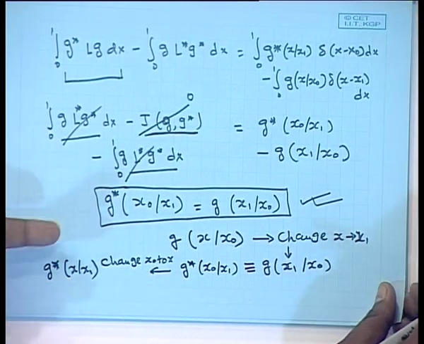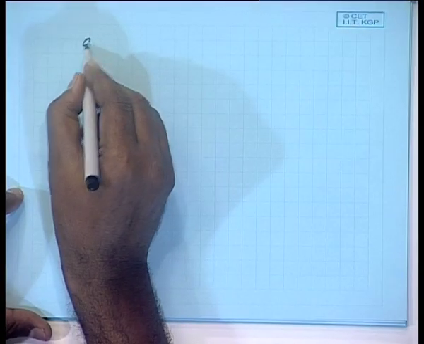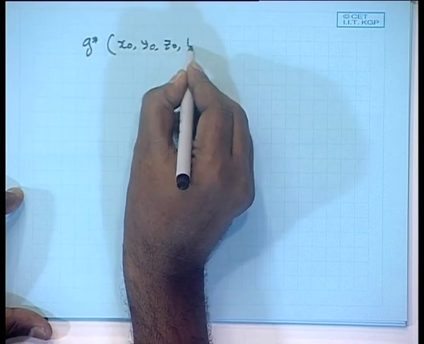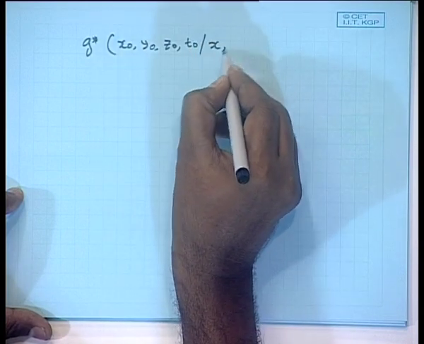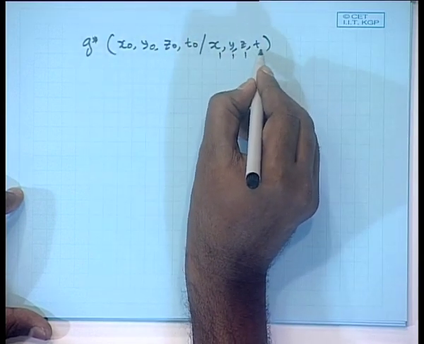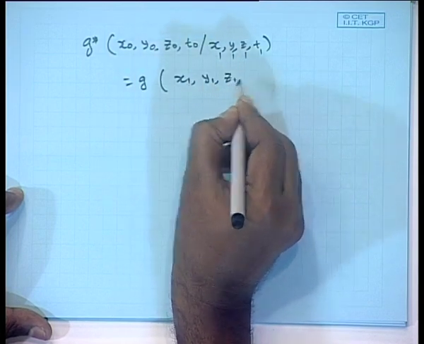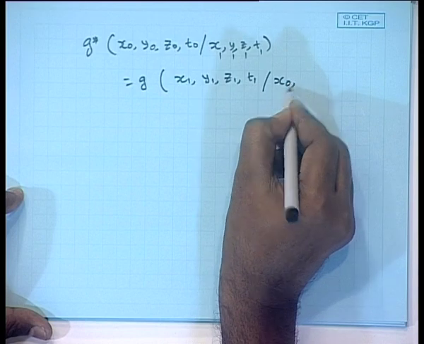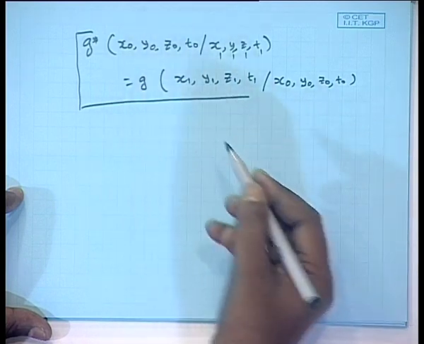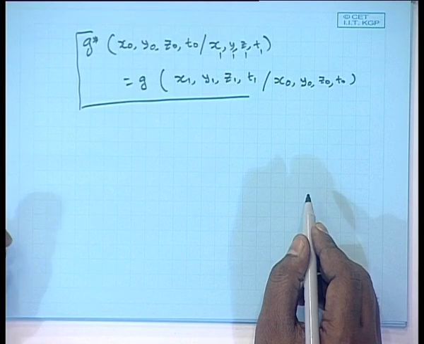Now, this is valid for the 3-dimensional case as well: G star x naught, y naught, z naught, t naught by x, y, z, t is equal to g x1 y1 z1 t1 by x0 y0 z0 t0. The same relationship will hold good for a multidimensional problem as well.